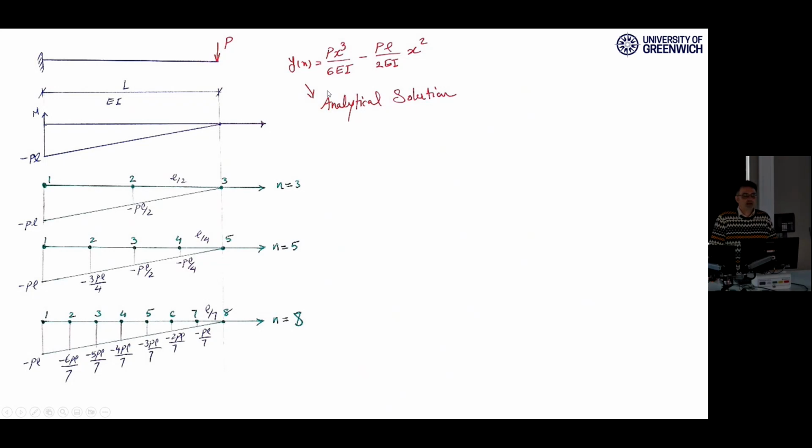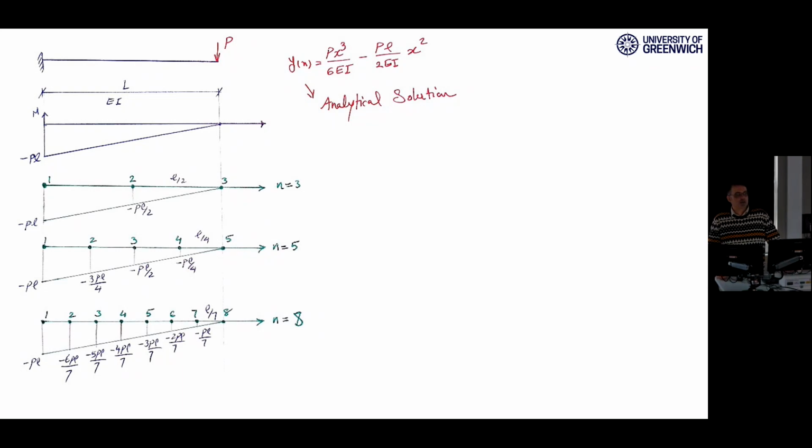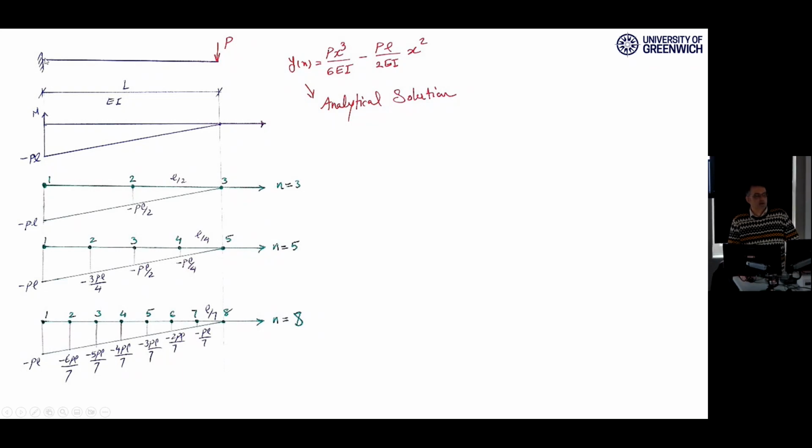So today I want to solve this problem with finite difference, but for 3 cases. To be honest, I cannot choose n less than 3, can I? Less than 3 is 2. I cannot divide this element into 2 parts, it means that the whole beam would be 1 segment. That's not rational.